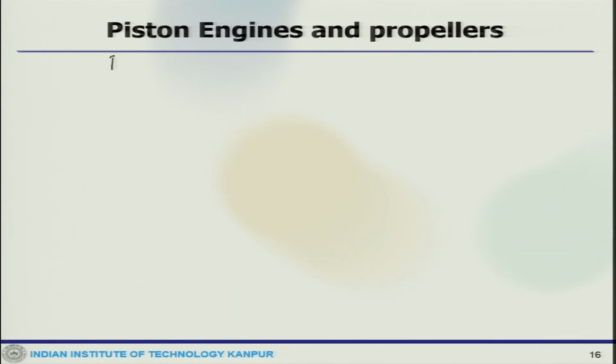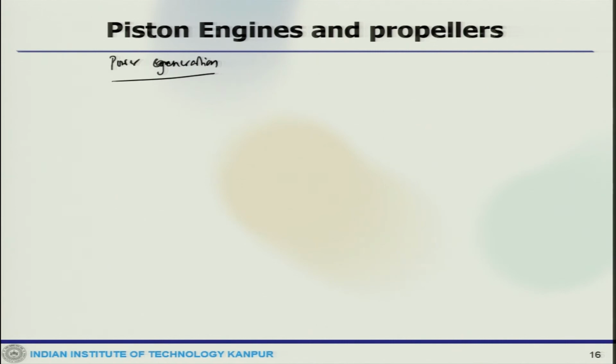Now, we can find out power generation and fuel consumption. The torque generated in the piston engine is normally measured with a dynamometer.